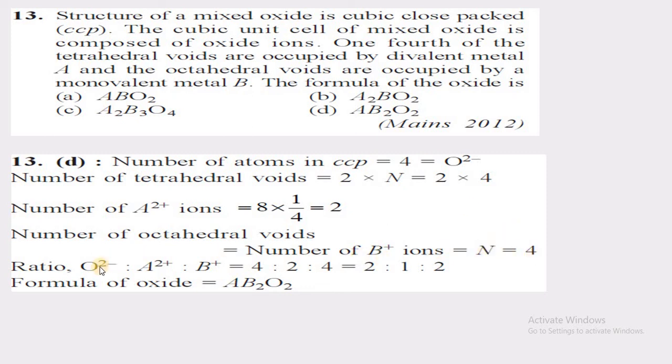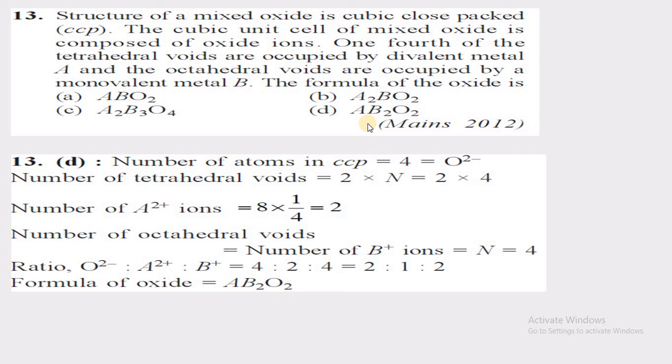Hence the ratio of O2 minus is 4, A2 plus is 2, and B plus is 4. 4:2:4, that is 2:1:2. Hence the formula of the oxide is AB2O2, and D is the correct answer for this.